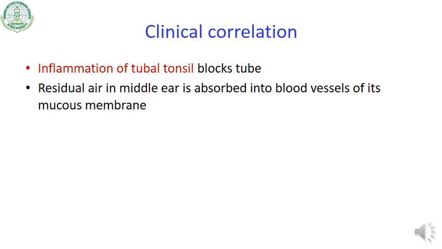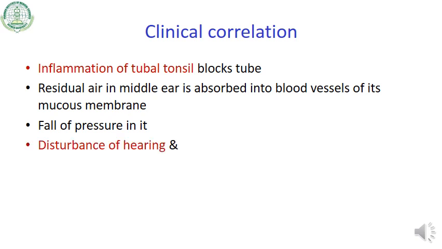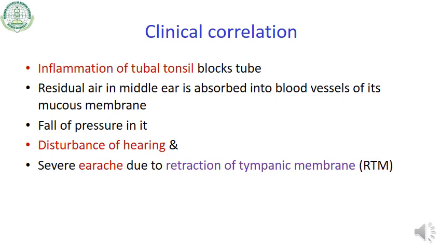If there is an inflammation of the tubal tonsil which blocks the tube, the residual air in the middle ear is absorbed into the blood vessels of its mucous membrane. There is a fall in pressure and it will lead to disturbance of hearing and also severe pain in the ear, which is called earache, and this is due to retraction of the tympanic membrane, RTM.